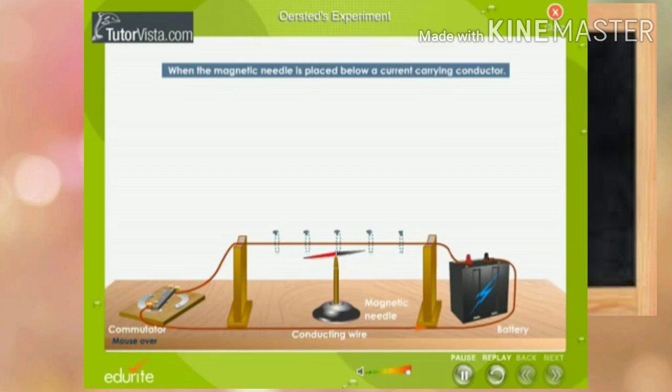Hans Ørsted placed a compass needle below a wire carrying current. He observed that the needle deflected, showing that a magnetic field is created around the wire.